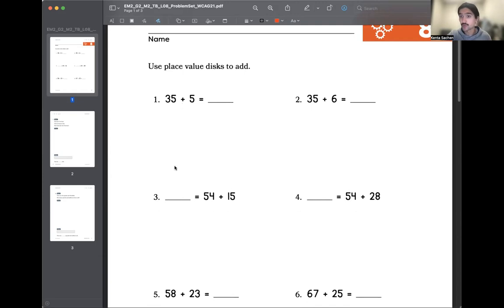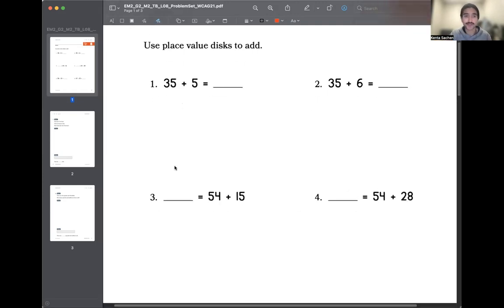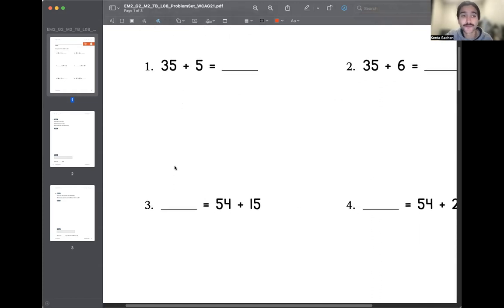Okay, so when I'm drawing this, I want you to make sure that you're drawing it exactly how I'm drawing it on page 65. Sound good, everyone? Awesome, great. Okay, so what I first need to do is make a place value chart. Just like this, okay?